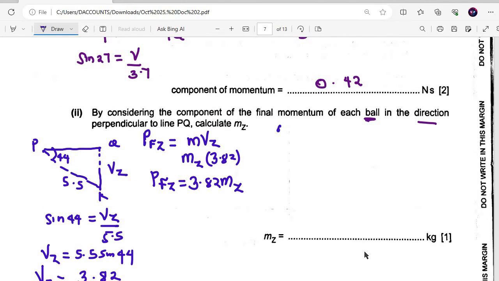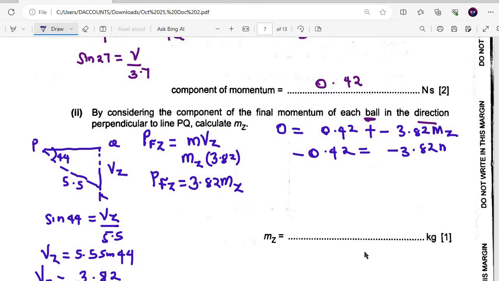After collision we have 0.42 upward plus minus 3.82 mZ downward. So 0 = 0.42 minus 3.82 mZ, and mZ is 0.42 over 3.82.